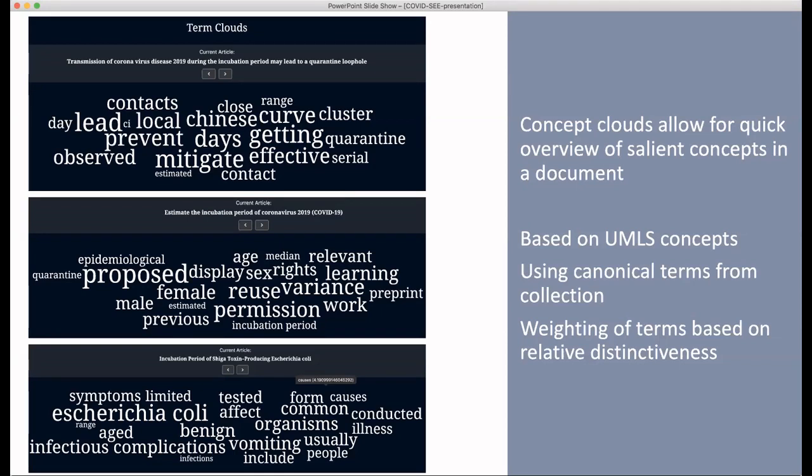And so very quickly, you can get a sense of the content of a particular article and what the salient terms are. And so this also provides a way for the user to browse through the search results more effectively.